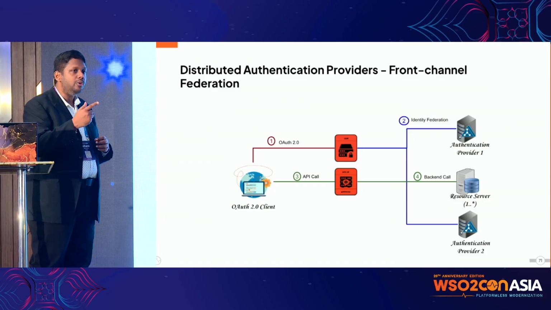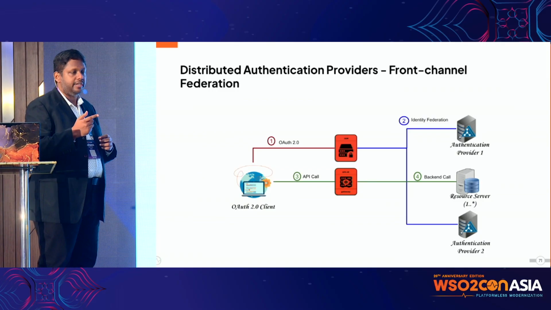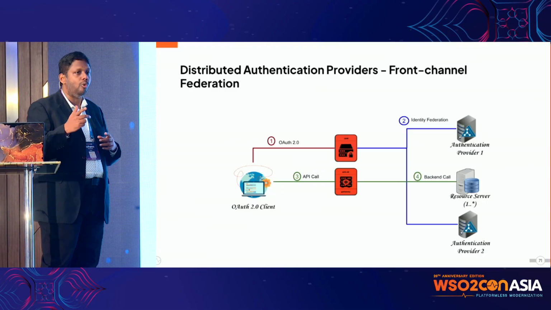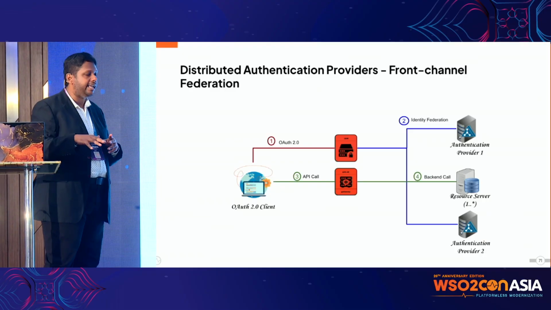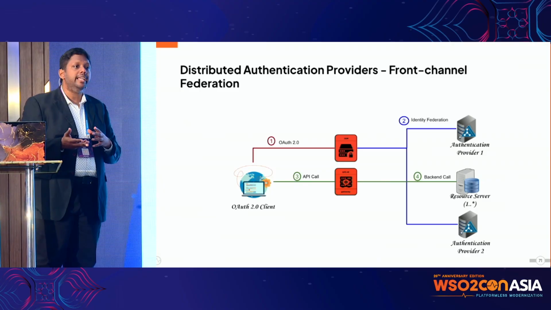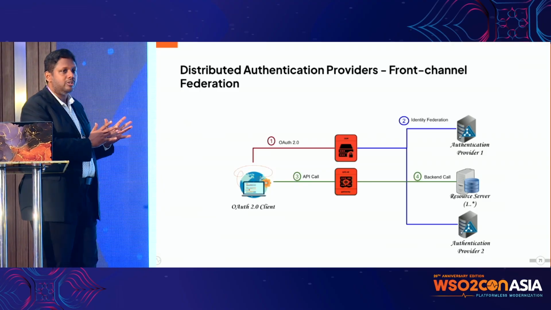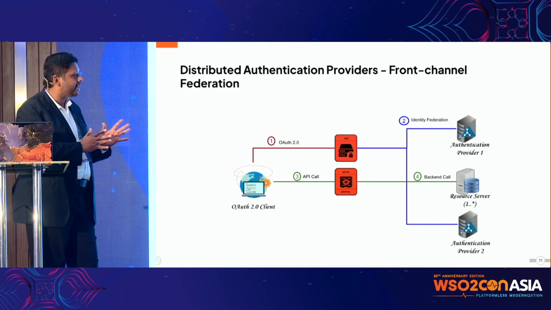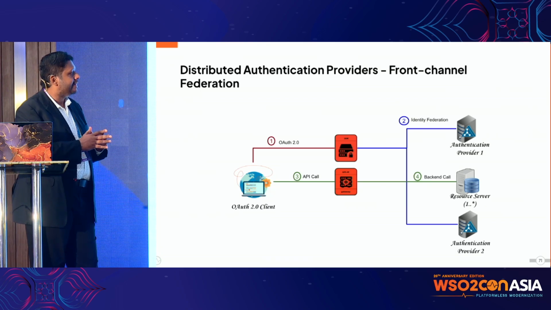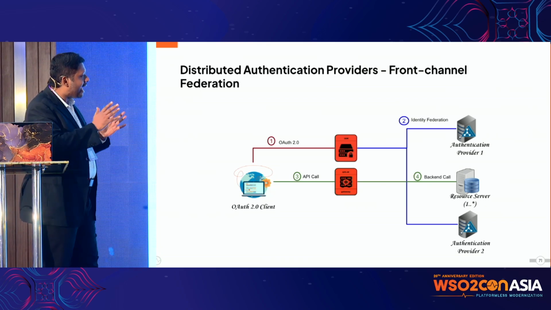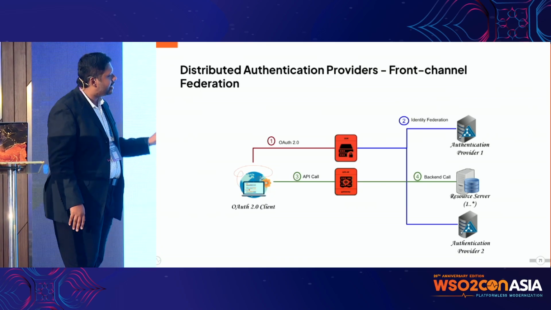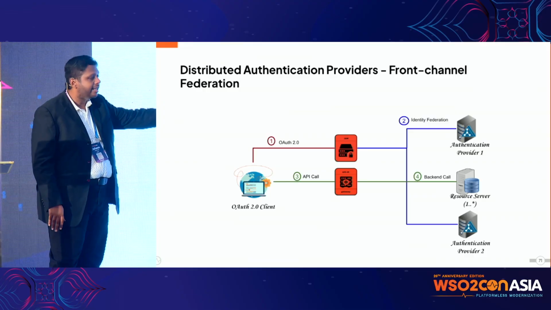But in order to do that, it authenticates the user first. That's what we saw in the authorization code flow. When the user is redirected, he authenticates first. How does that authentication happen? That is not defined in the OAuth 2 specification, or the OpenID Connect specification. That is decoupled. So the user doesn't necessarily have to authenticate at the IAM.